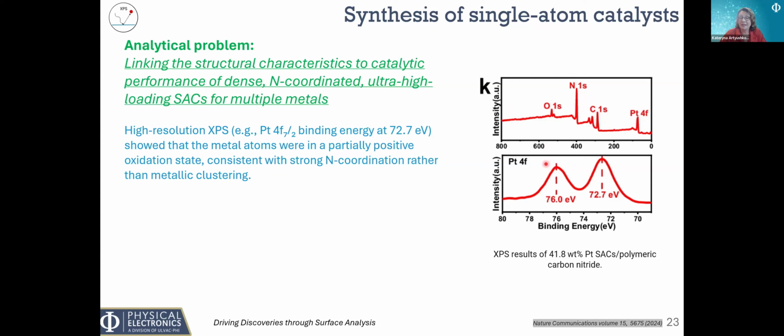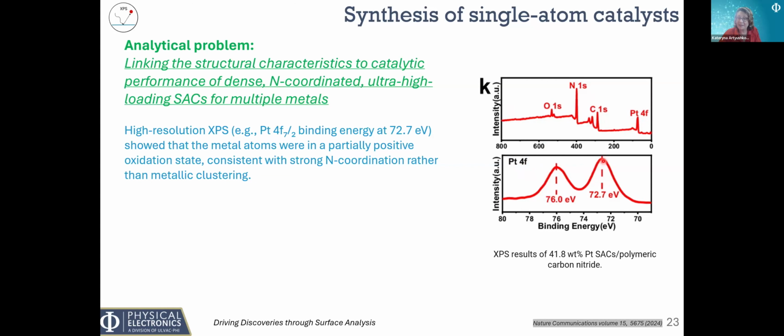If we really would like to analyze whether there is metallic clustering or coordination of individual atoms, we need to look at the high energy resolution spectrum. The platinum 4f spectrum is shown on this graph. If we look at the binding energy, it's shifted to a higher value than it would be if we had just metallic clusters.